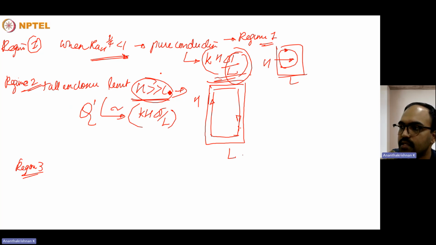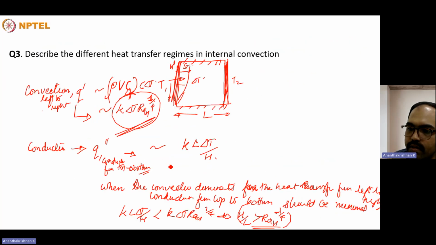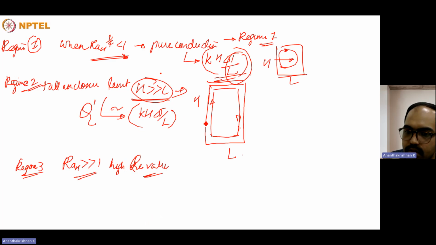The third case is the natural convection regime, when the Rayleigh number is very much greater than 1, a high Rayleigh number value. That's called the boundary layer regime.